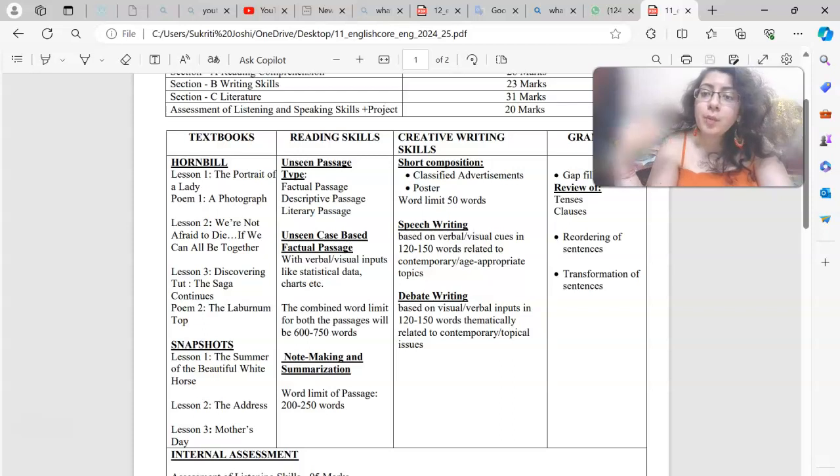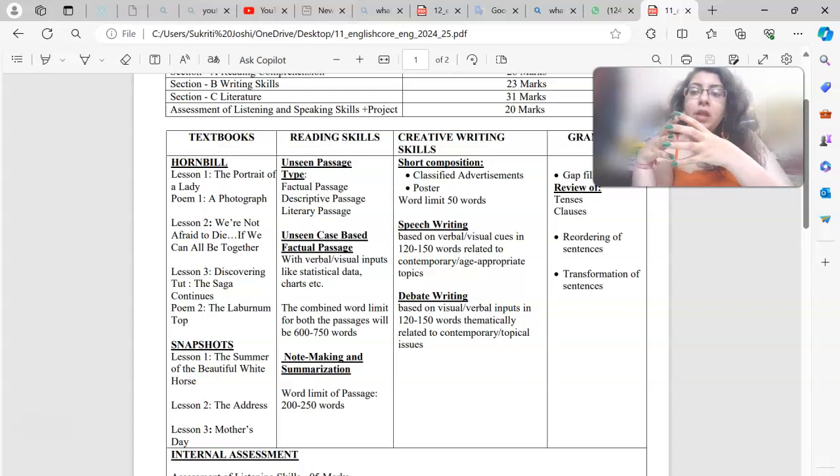Whatever notes you will be preparing, we will discuss in our further lectures. You'll be learning how to make notes, how to draft, and then how to summarize the notes that you have created.